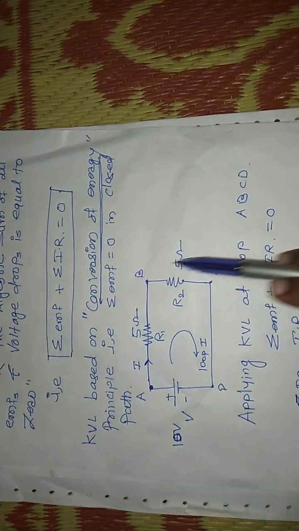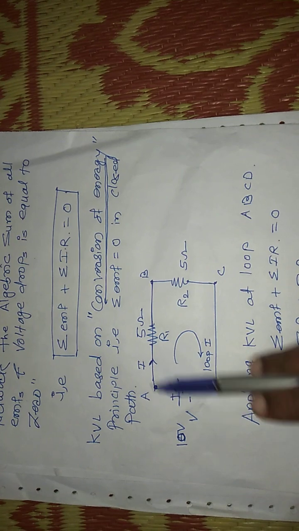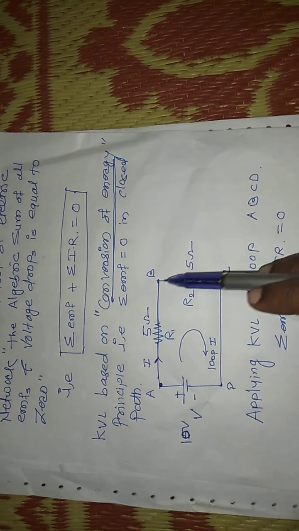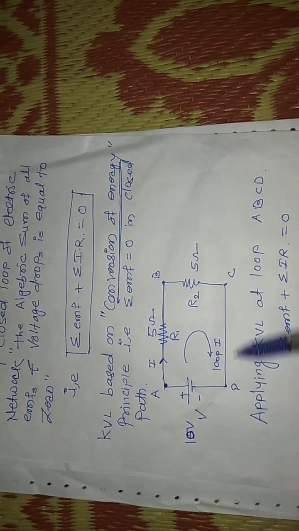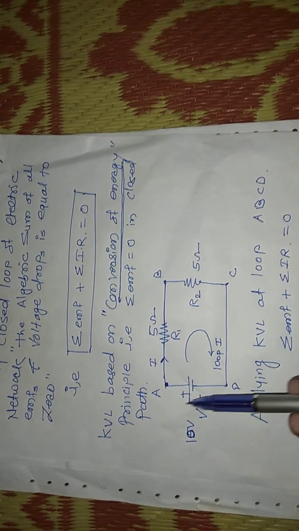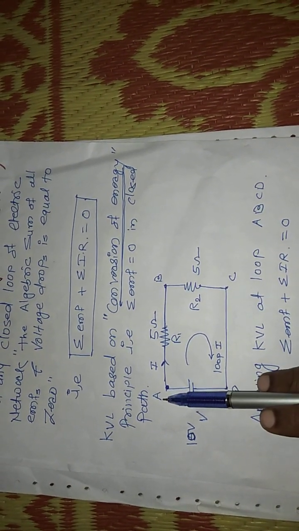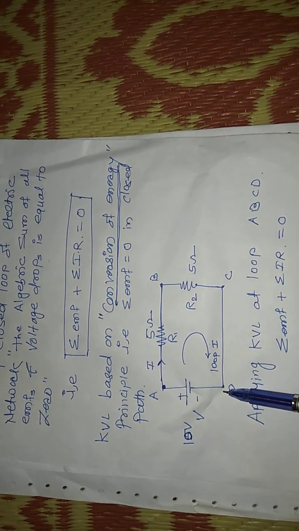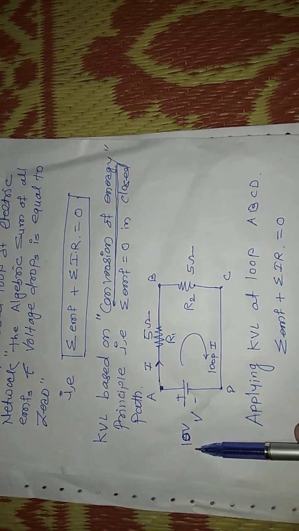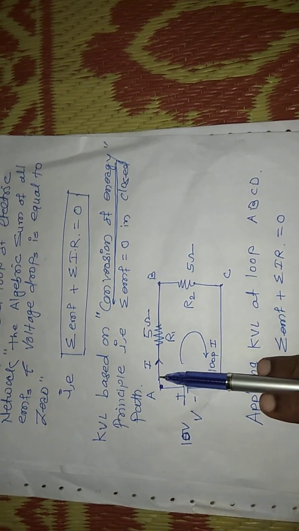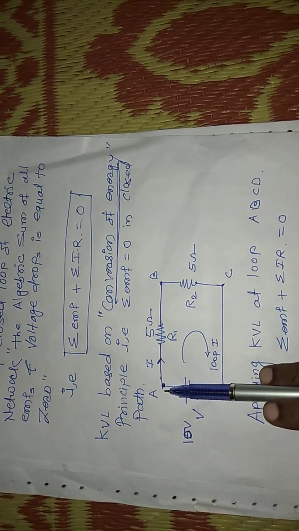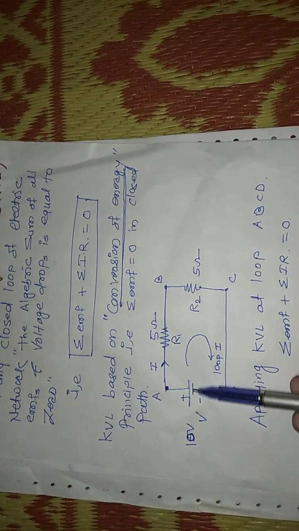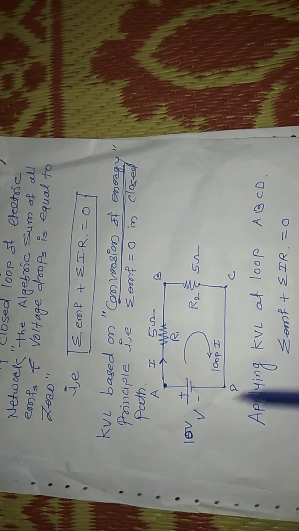In a given loop, that means a closed loop, the shortest path in which the current will complete its flow. For example, points A, B, C, D form a particular loop. In this loop, due to the 10 volt battery, the current will flow from point A to B, B to C, C to D, from positive to negative.